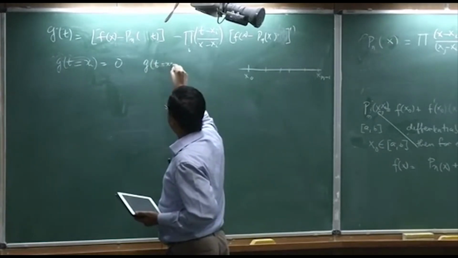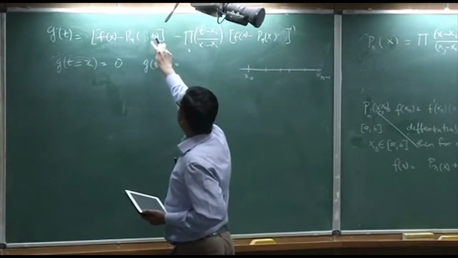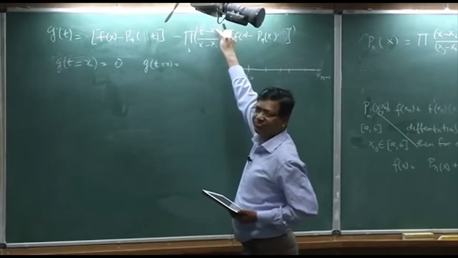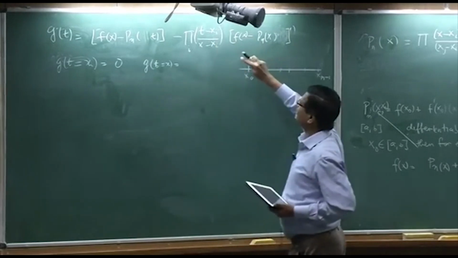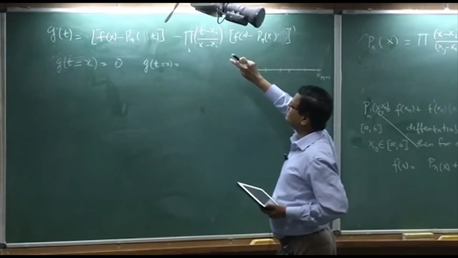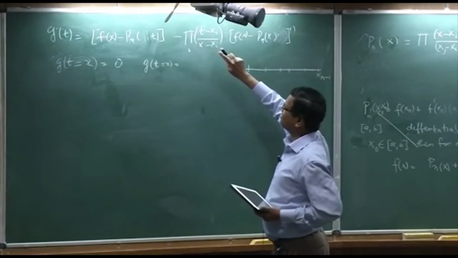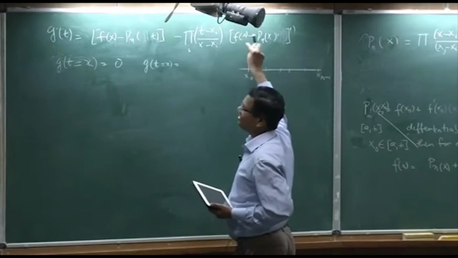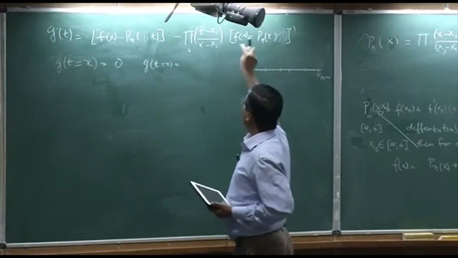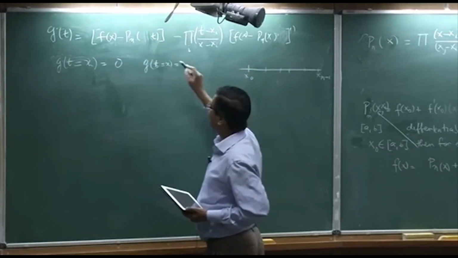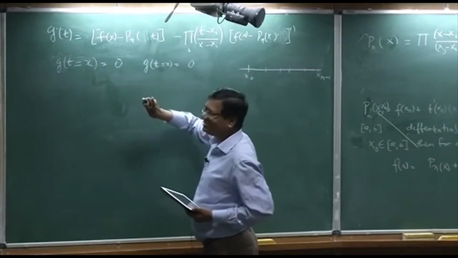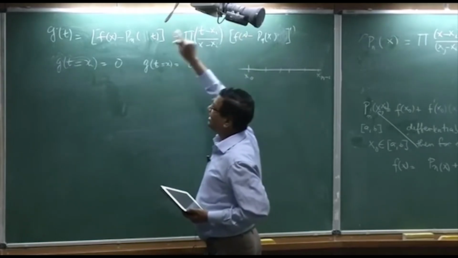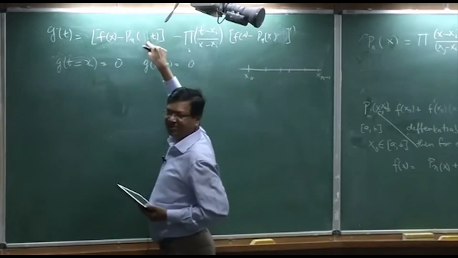What about g of t equal to x? If I put this equal to x, this again is 1. Okay, did I make a mistake? So this is 1 and this is 0. So I think I did make a mistake. So at t equal to xi this is 0 and f of x equal to Pn of xi.